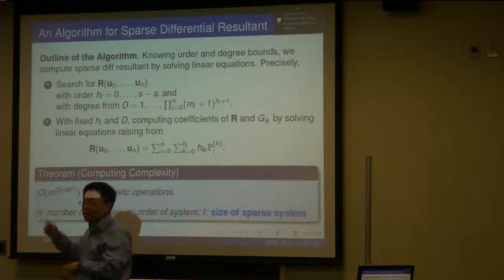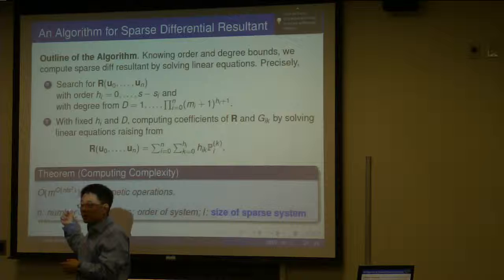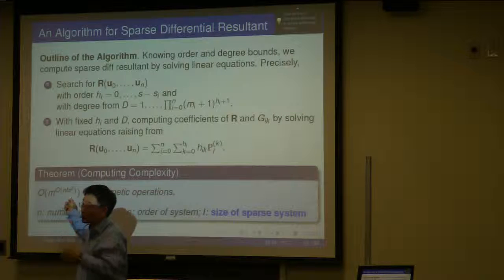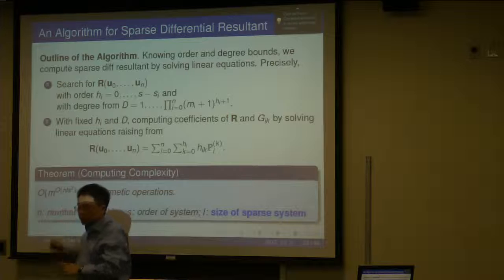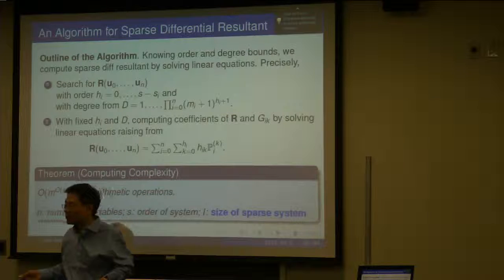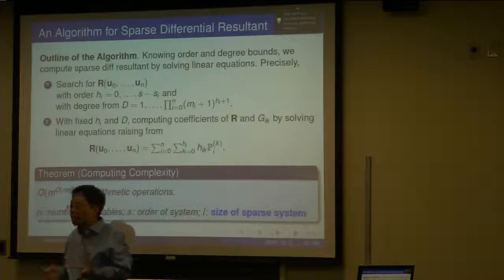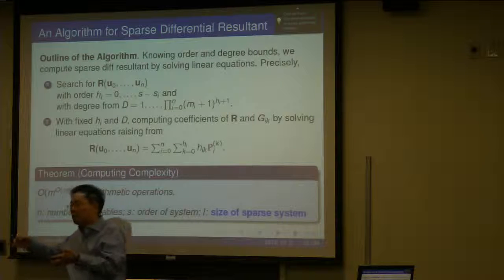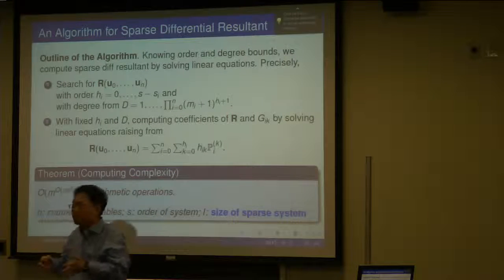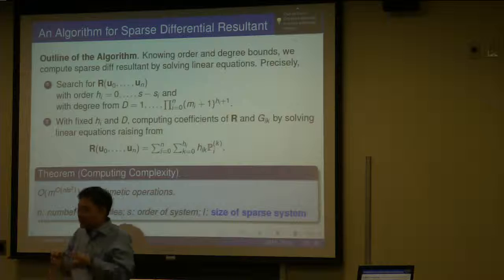But that's the elegance of the theorem. L itself could be, in the general case, single exponential or double exponential. But here we use L. That's what we call intrinsic complexity, right? By intrinsic complexity, you do not give the number of variables and the degree; you use the actual size.